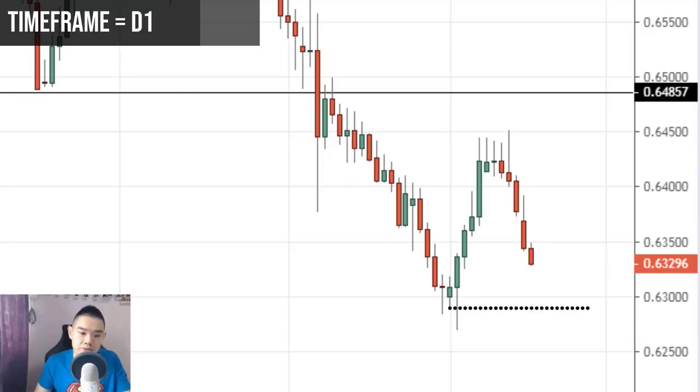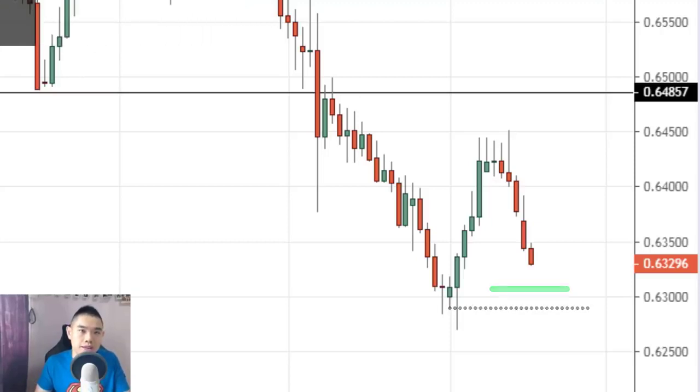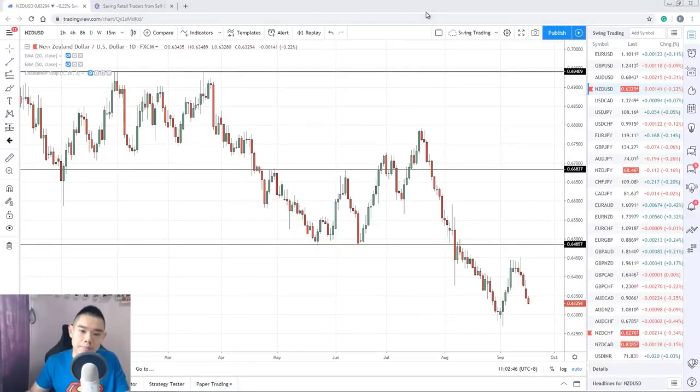Maybe you can take the last remaining half at this swing low. Can you see how transition trading works? You time your entries on the lower time frame, and if conditions permit and the market moves in your favor, you can use the higher time frame to take profit. This gives you a very favorable risk to reward on your trade, and that's what transition trading is all about: timing your entries on the lower time frame and managing your trades on the higher time frame.